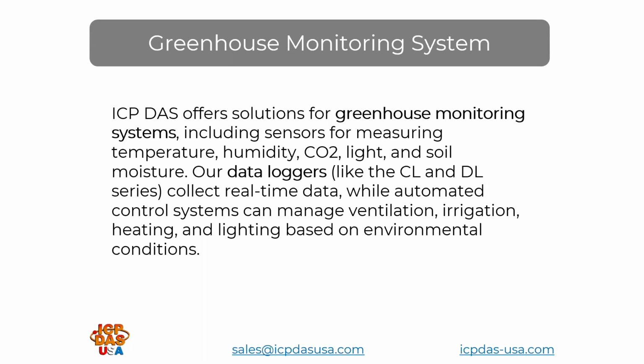These systems can be remotely monitored and controlled via SCADA platforms or the iAir app, enabling efficient energy-saving operations. By optimizing growing conditions and conserving resources, ICP-DOS solutions help increase crop yields, improve sustainability, and reduce operational costs in greenhouse environments.